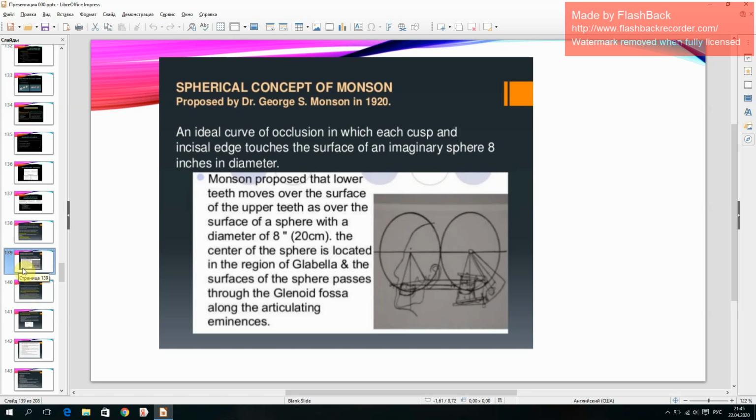Monson proposed that the lower teeth move over the surface of the upper teeth as over the surface of a sphere with a diameter of 20 cm. The center of the sphere is located in the region of the glabella, and the surface of the sphere passes through the glenoid fossa along the articulating eminences.